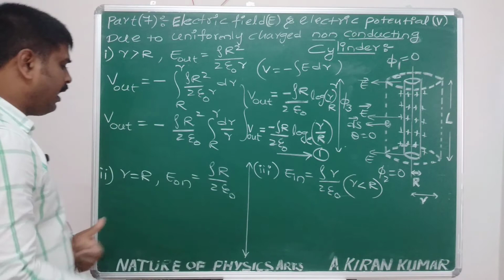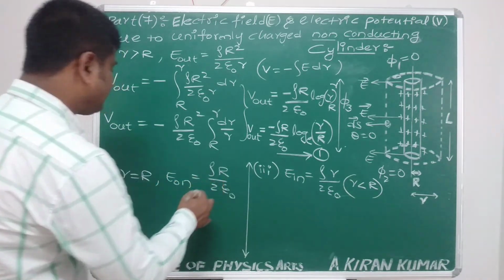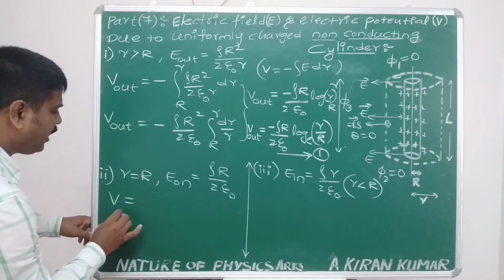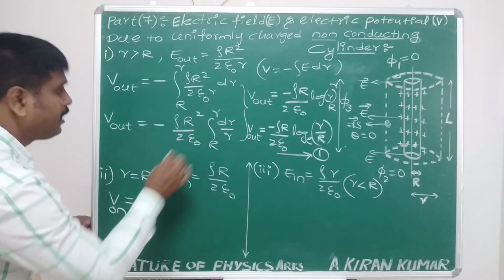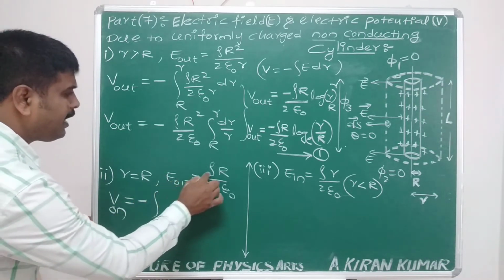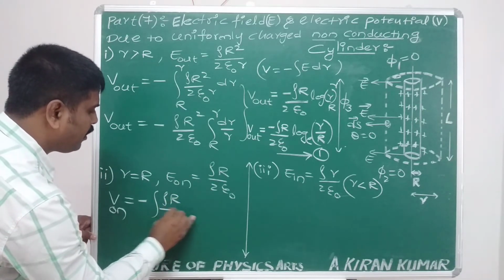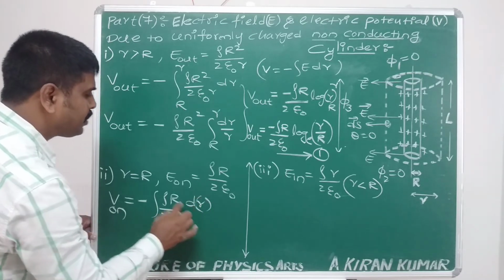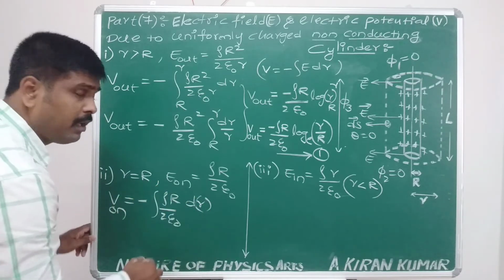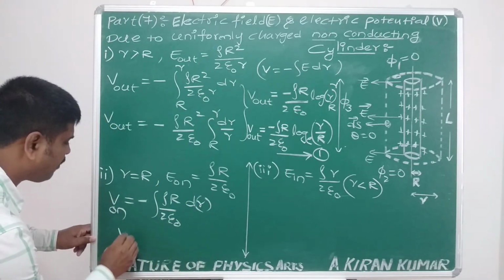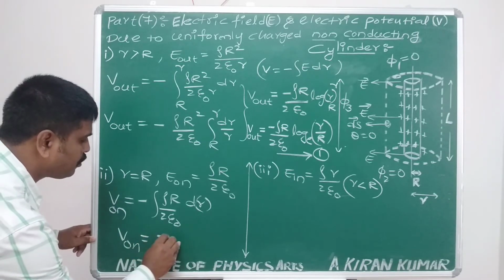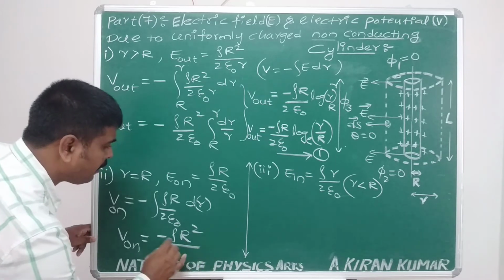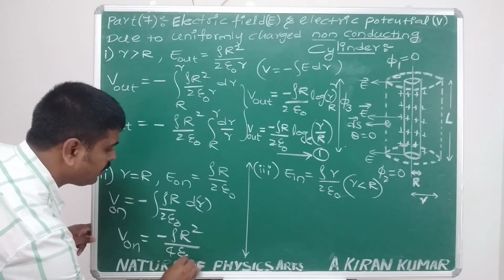Next, on the cylinder surface, I use the same formula. V on is equal to minus integral of E, which is rho R divided by 2 epsilon naught, into dr, but the condition is small r equal to capital R. So we get V on equal to minus rho R square divided by 4 epsilon naught.